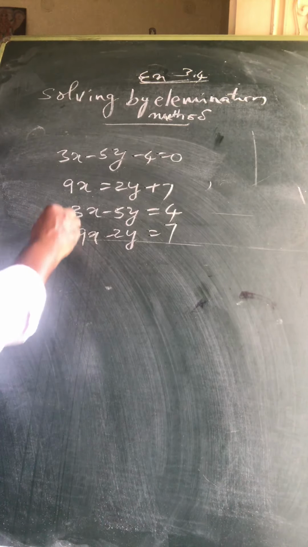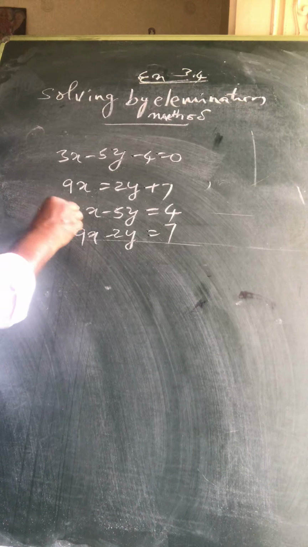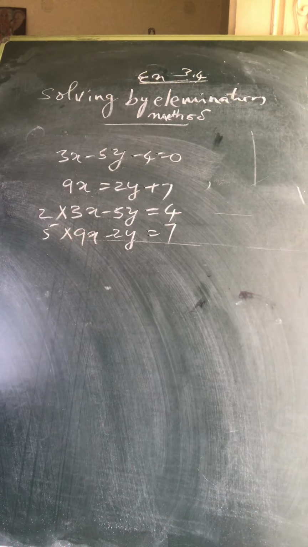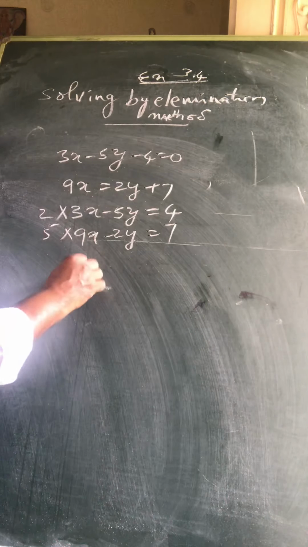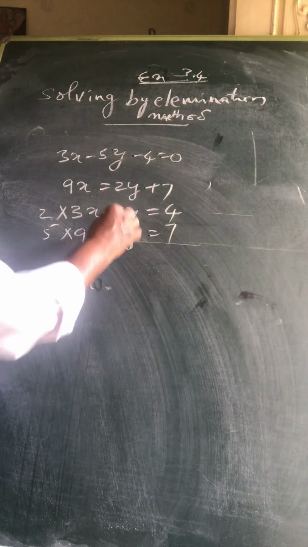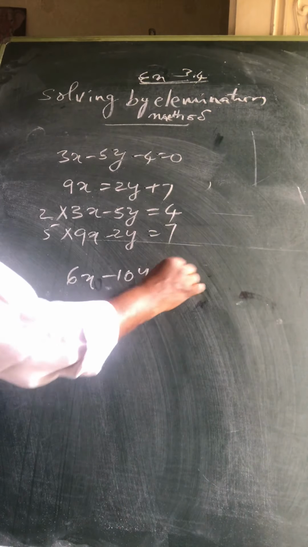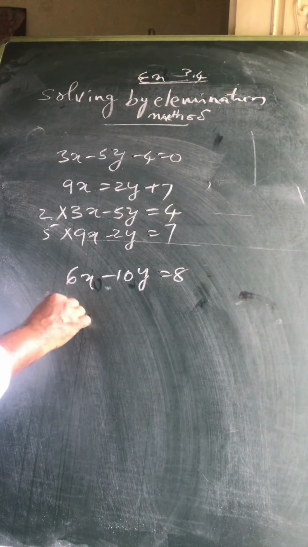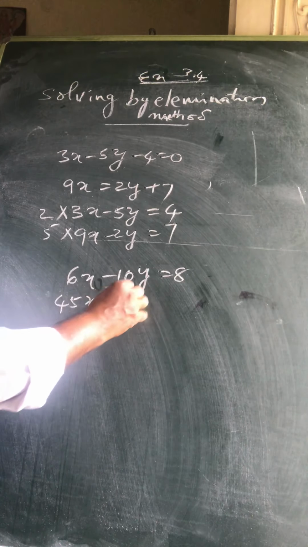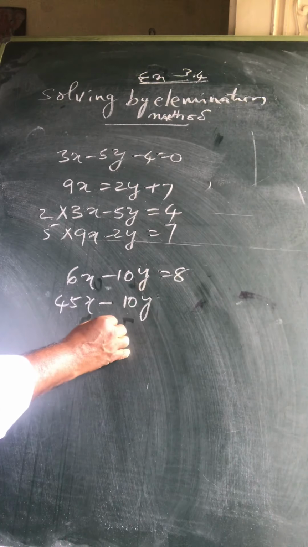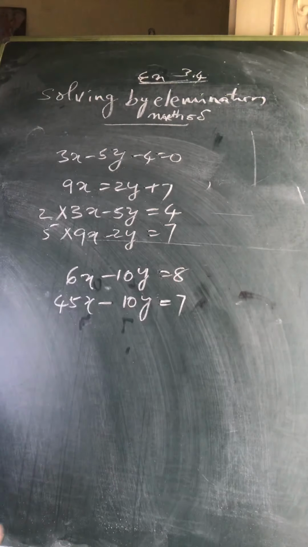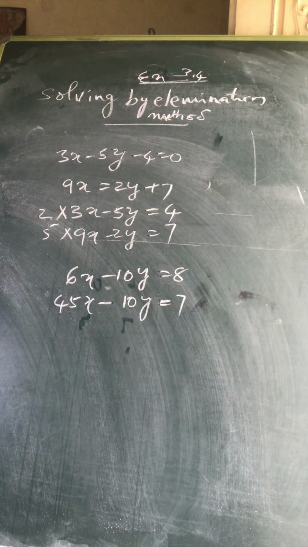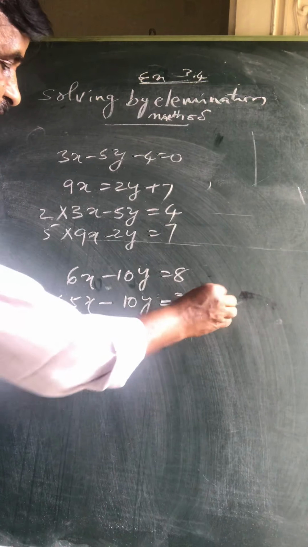To eliminate the y, you can multiply this with 2 and this with 5. 2 threes are 6x minus 10y is equal to 8. 5 into 9, 45x minus 10y is equal to, sorry, 35.